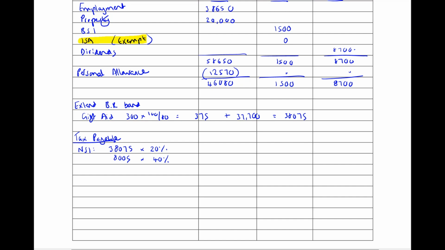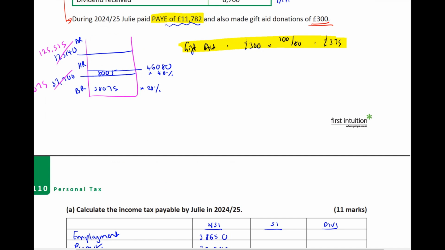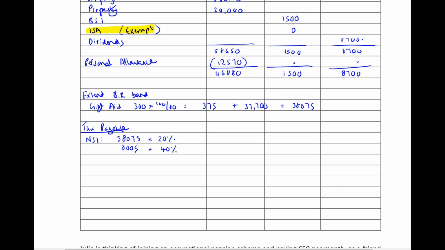So I now take what I've written on my bucket and just put it in the columns. So 38,075 at 20, 8,005 at 40. So I jot that down in there. I'll do the actual maths for that in a minute. But that would then help me to tax everything that's in that column. That's the full 46,080 now dealt with.